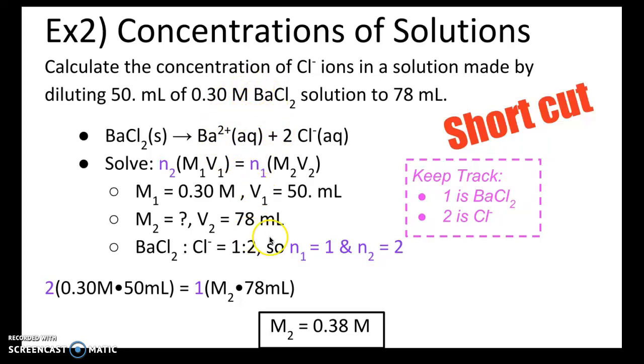And that means that the mole ratio, my N1, would correspond to the molar ratio of barium chloride, whereas 2 is for my chloride, so N2 would be the molar ratio for the chloride, since it's a 1 to 2 ratio. And last thing, you'll notice that in the equation, the N2 goes with the M1 and V1, and N1 goes with the M2 and V2. You just switch them up to make sure that you take care of the mole ratios there.